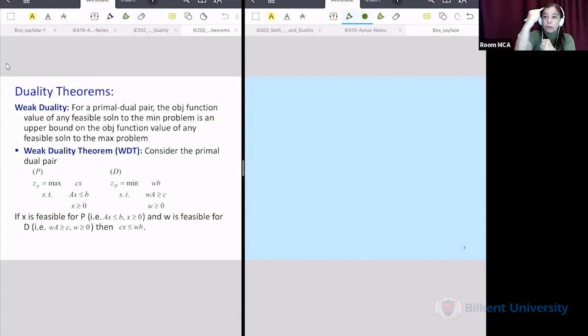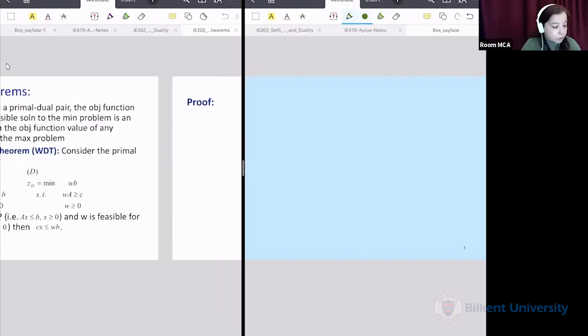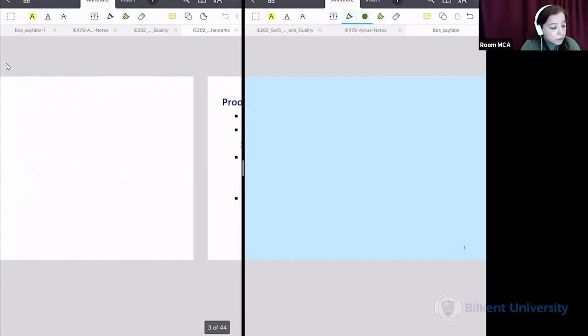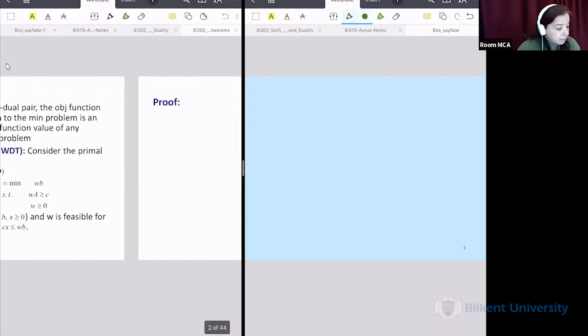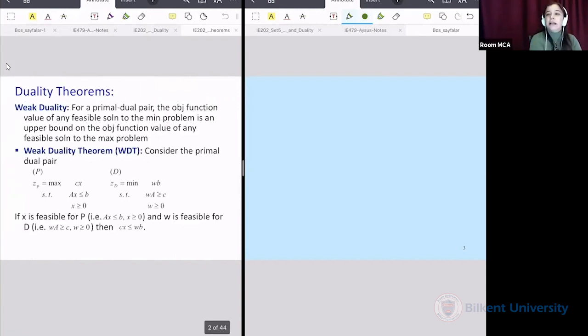That's what you're supposed to prove. This is very important. So I can easily take any feasible X. Then I take a feasible W. Now, all I need to prove is the one I'm minimizing is always an upper bound for the one I'm maximizing.